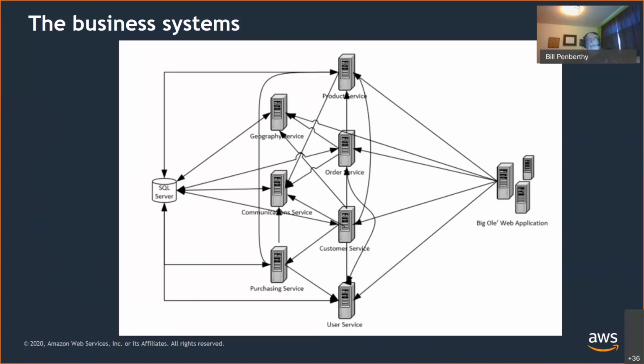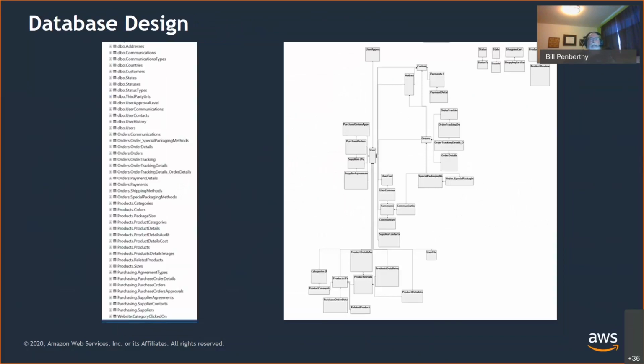There's more likely decisions being made in the big old web app around processing the order. And if the orchestration or management is not done in the big old web app, then it's most likely done in some other service, which accounts for all of this other communication that's going on inter-service. So is that the best way to do this? Probably not. So let's continue and take a quick look at the database design.